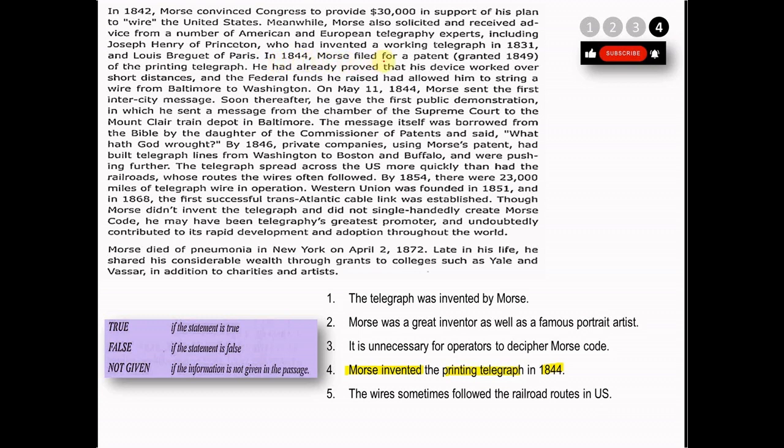Morse filed for a patent granted 1849 of the printed telegraph. Okay, so he filed for a patent for the printing telegraph.